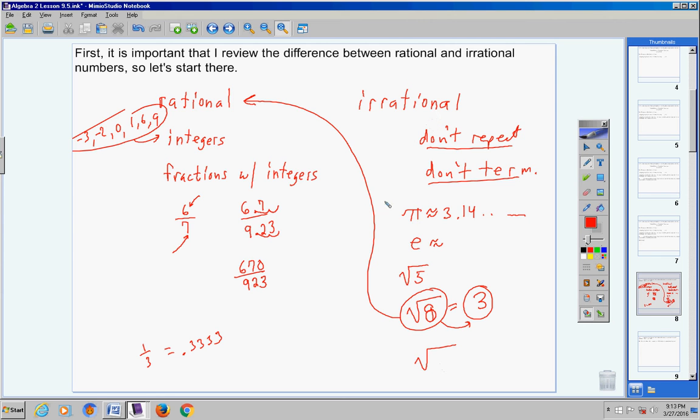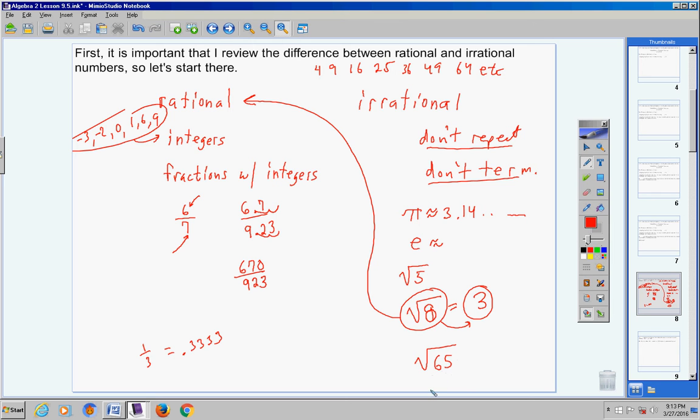Okay, what's a perfect square? Well, you know. 2 times 2, 3 times 3, 4 times 4, 5 times 5, 6 times 6, 7 times 7, 8 times 8, etc. Those are perfect squares, okay? So if you have the square root of a perfect square, that's rational, because the square root of 64 is what? 8, and 8's rational. But if you have the square root of a number that's not a perfect square, like 65, that's irrational.